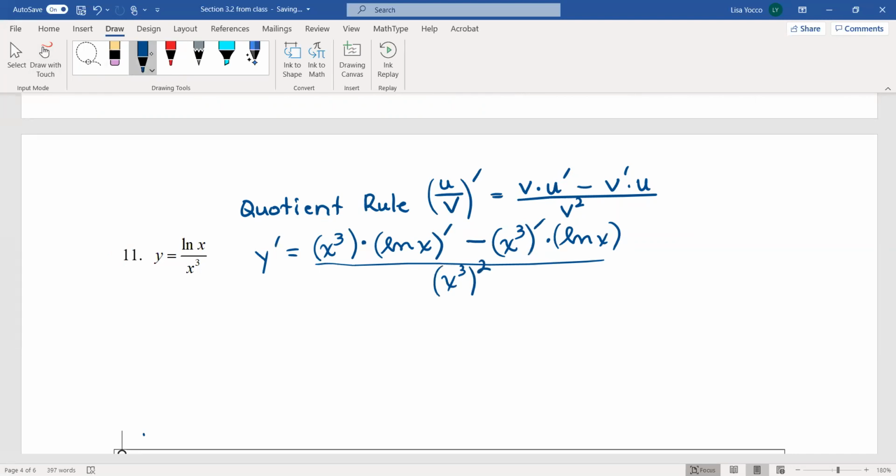Remember, after we set up the quotient rule, then we take our two derivatives that are inside the quotient rule formula. Here's my new formula. Derivative of ln of x is 1 divided by x. On the other side of the subtraction, the derivative of x cubed is 3x squared.